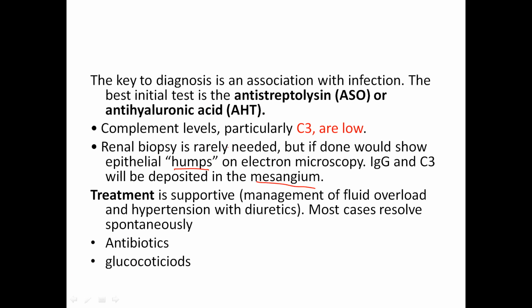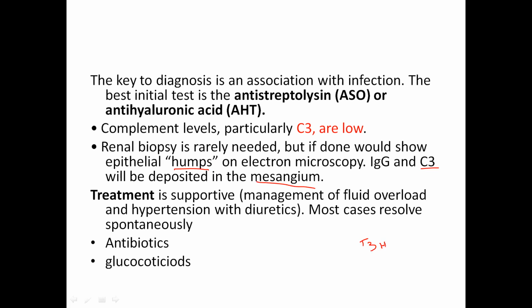As for why C3 is low, in the pathogenesis of post-streptococcal glomerulonephritis, it causes a type 3 hypersensitivity reaction.